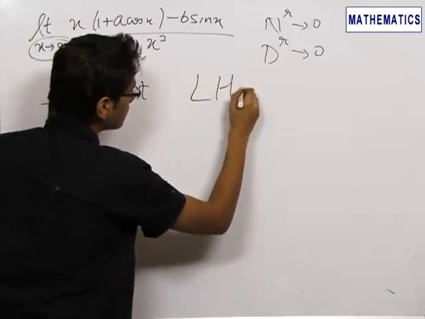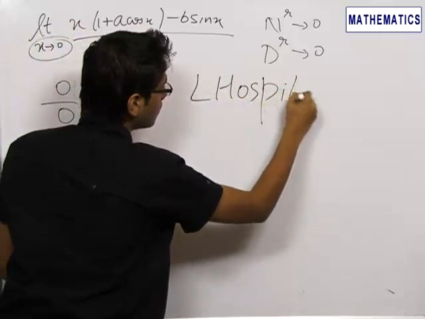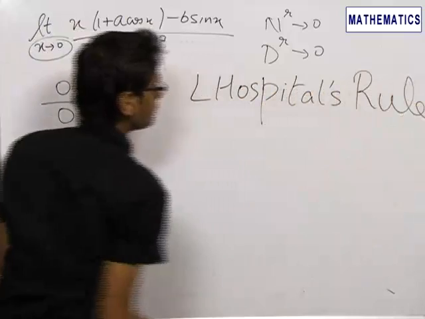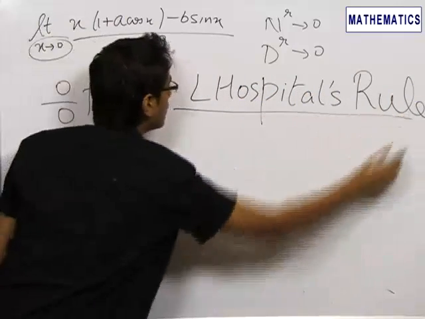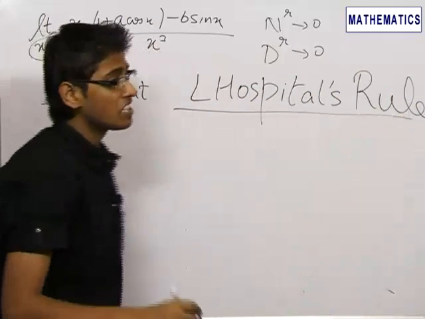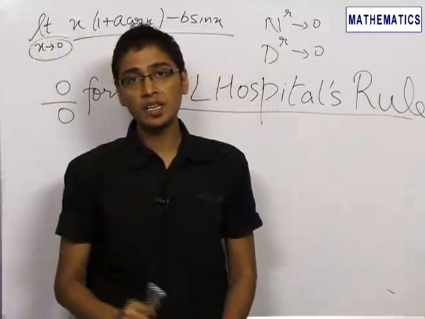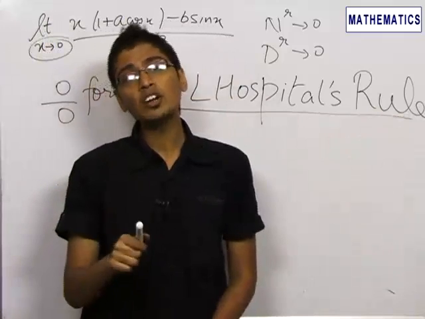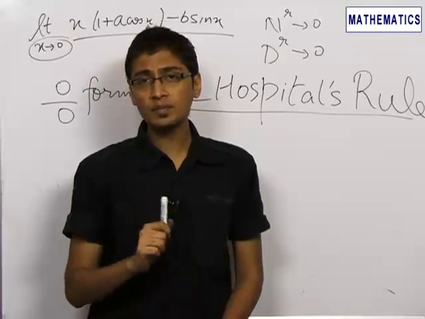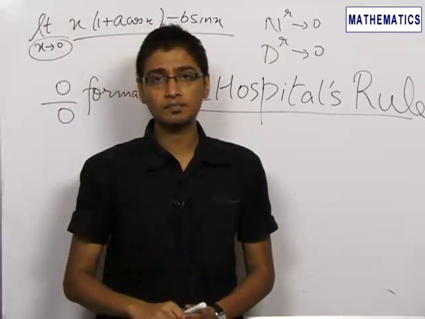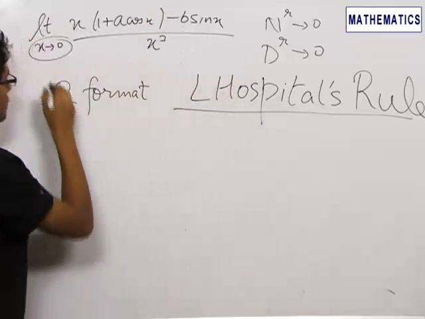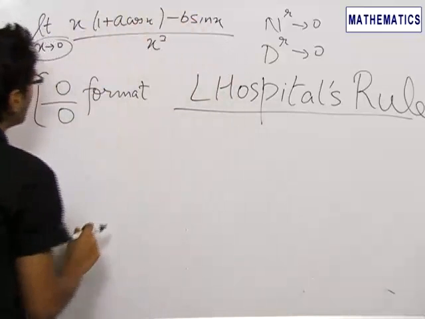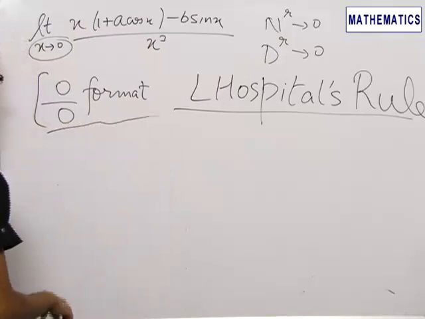This approach says that keep on differentiating the numerator separately, keep on differentiating the denominator separately till we get rid of this 0 by 0 format or this infinity upon infinity format. So here we have 0 by 0 format, so we will differentiate the denominator and numerator in order to get rid of this 0 by 0 format.